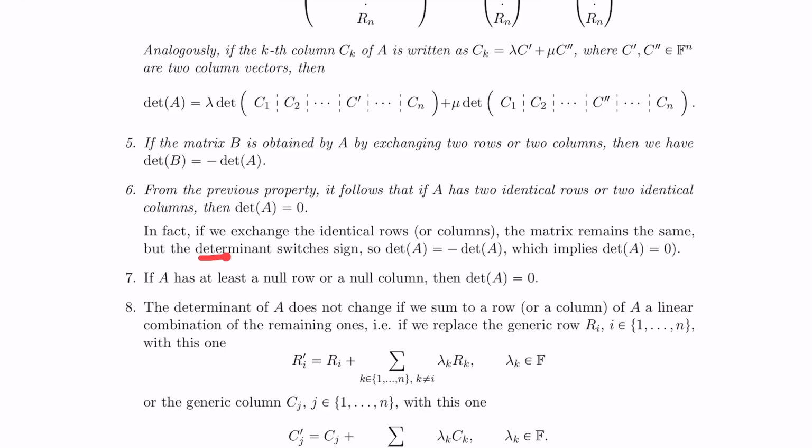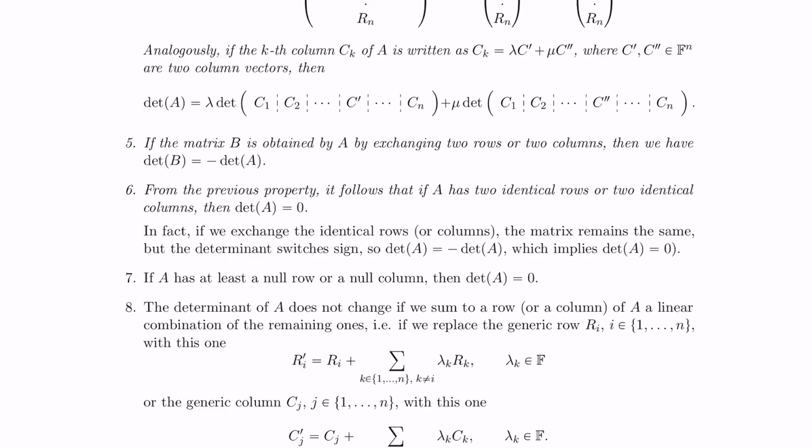However, its determinant switches sign, which means that the determinant of A must be equal to minus the determinant of A, and this is possible if and only if the determinant of A is 0. The following property is that if A has at least a null row or a null column, then its determinant is 0.